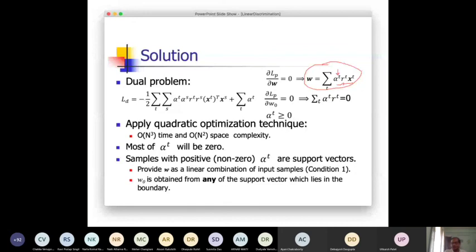Is it clear? For all the samples on the boundary, they should satisfy this. So take any sample and you get W naught. From the statistical point of view, W naught may not be exactly the same for all the samples on the boundary, so you can take the average of them. Any doubt? Any question?